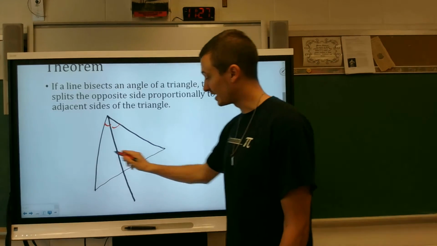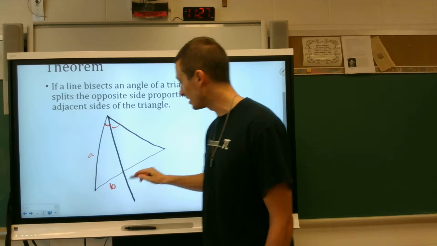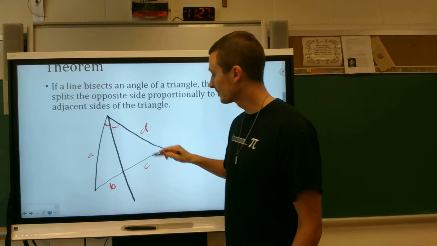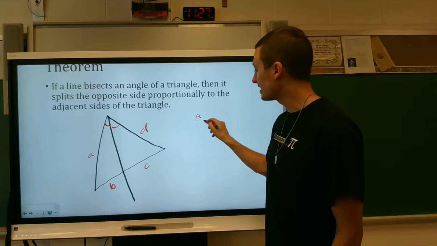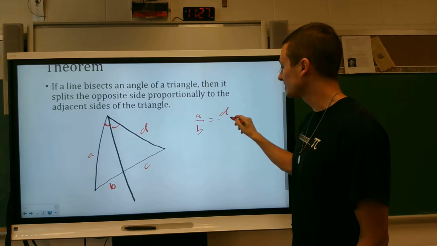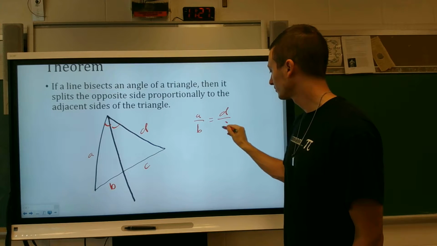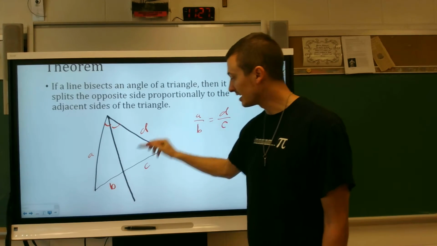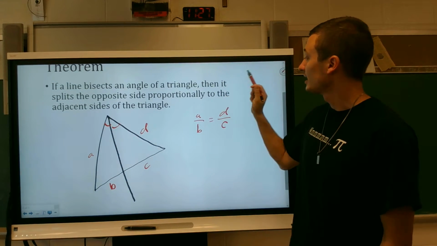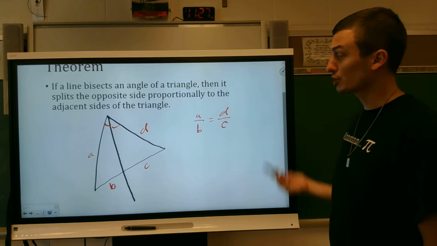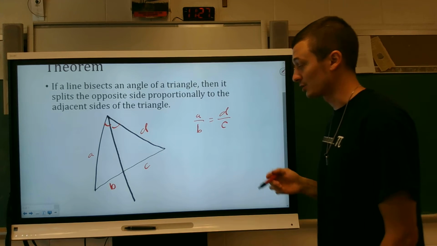What it's saying is that if this is A and that's B and that's C and that's D, then we can say A is to B as D is to C. So it splits the opposite side proportionally to the adjacent sides of the triangle.